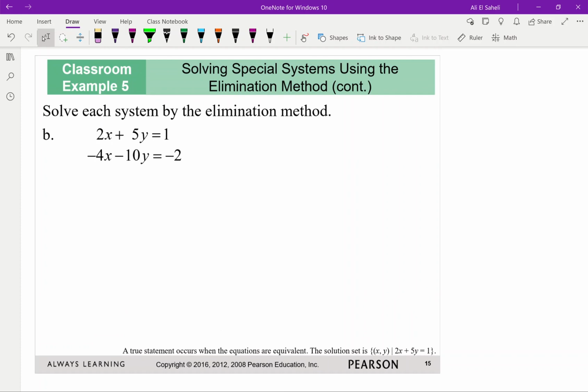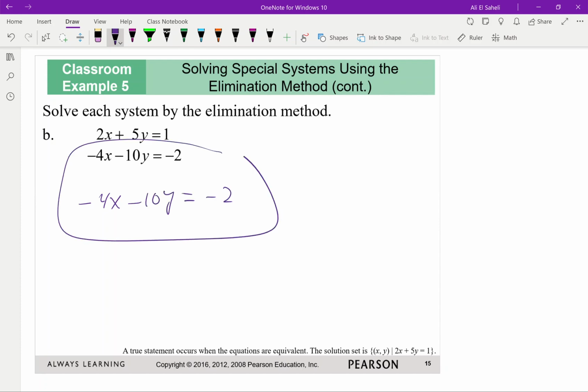Let's see what kind of special system this is. If you look at this second equation, it's really minus 2 times the first equation. Just multiply the first equation by minus 2. You get minus 4x minus 2 times 5y, minus 10y, equals minus 2 times 1.